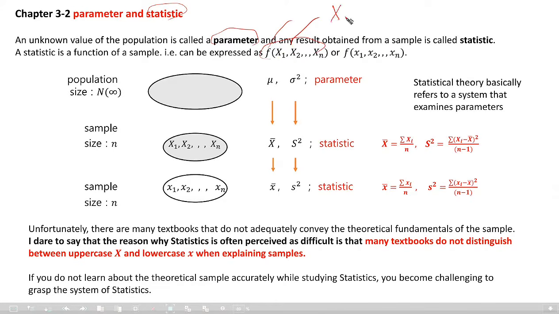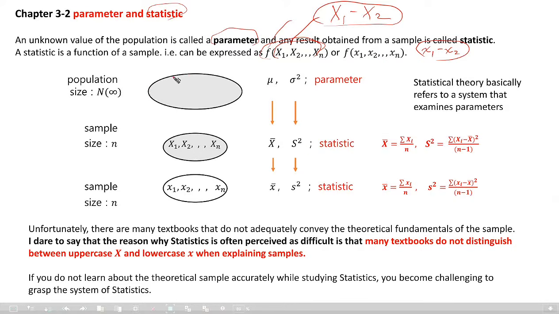So X1 minus X2 is a function of a sample, or f of X1, Xn. So this is a random variable. If you have the result of a function, small x1 minus x2 is a value, some value, okay?